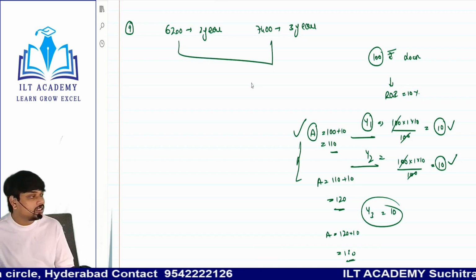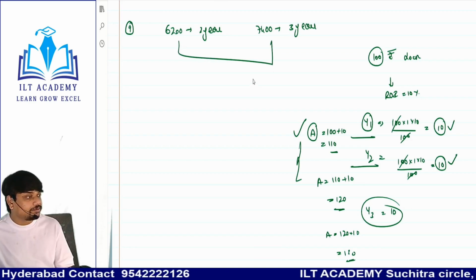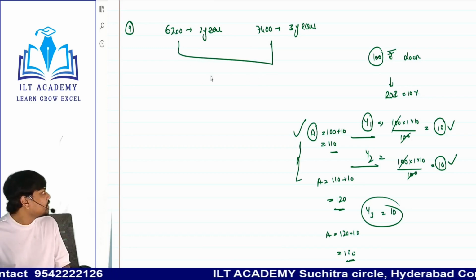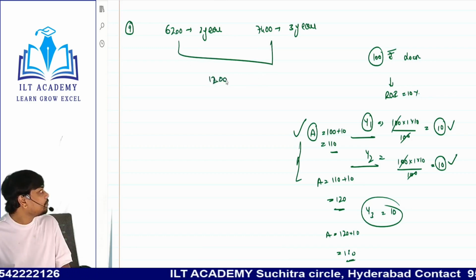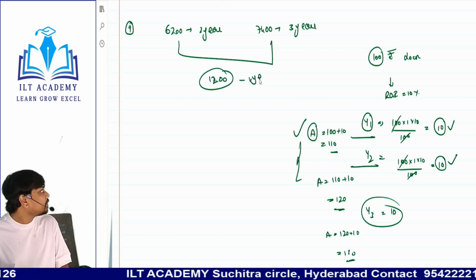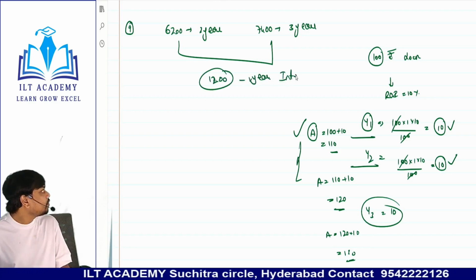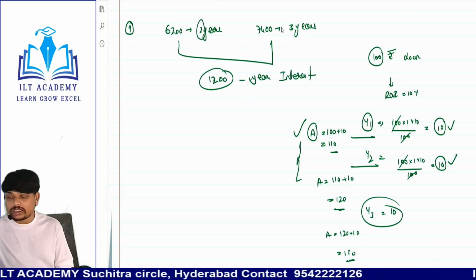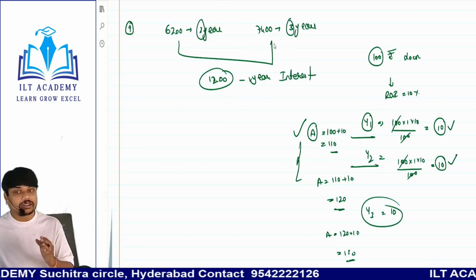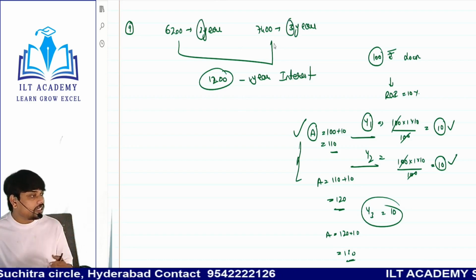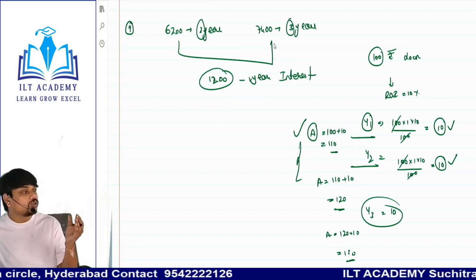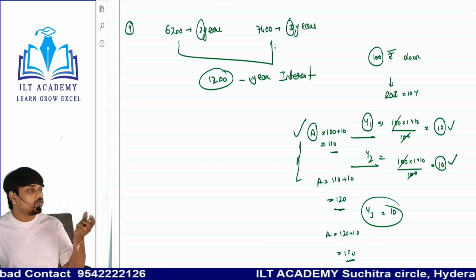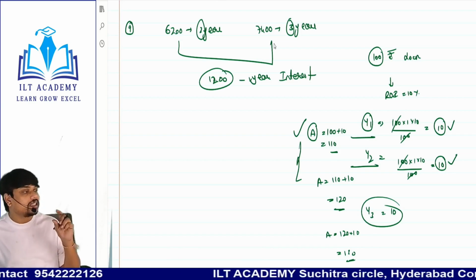Now here also same thing. 6,200 से कितना हो गया? 7,400. So 6,200 से लेके 7,400 हो रहा बोले तो the difference is what? 1,200, which is 1 year interest. I got to know 1 year interest. समझ में आया? 2 years और 3 years दिए यहाँ. अगर क्वेश्चन में 2 3 के सिवाय there were any other figures like 2 years and 5 years, you can divide the difference of amounts with difference of time, so that you will get what? 1 year interest amount.